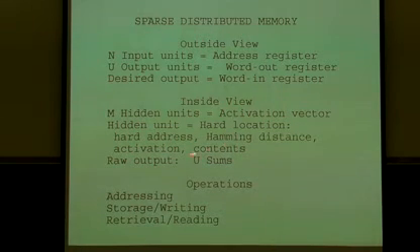So these are the concepts used in describing the memory. For the row output, you get the sums, and from the sums by some thresholding function, you get the final output.